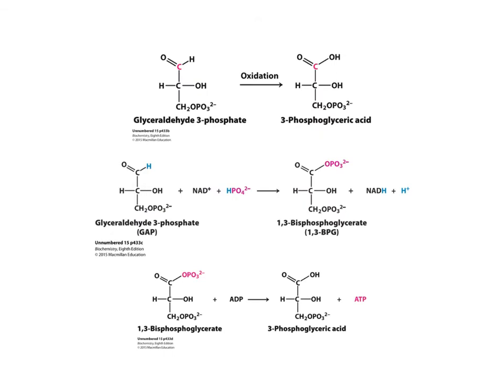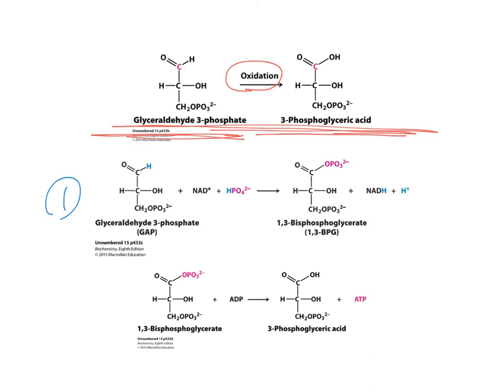So here we see glyceraldehyde 3-phosphate, and it is going to undergo oxidation, and we will produce 3-phosphoglyceric acid, or 3-phosphoglycerate. The top here is showing the overall reaction process that occurs. But this overall process is actually a two-step process. So here's our first step and our second step.